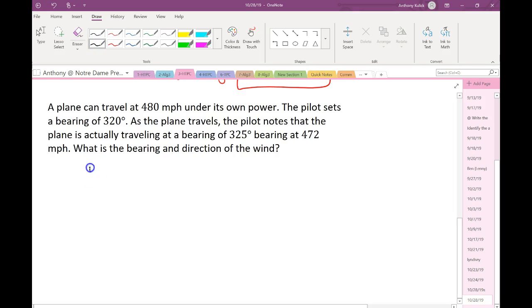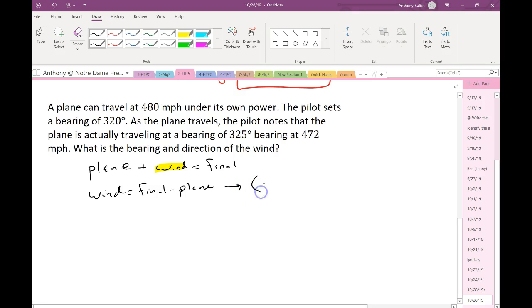So what we know is that the plane plus wind is going to give us the final. Everybody's okay with that idea? That's basically what we did in the previous problem, right? In this problem, though, we're looking for the wind. So what can we say that the wind is going to equal? The final minus the plane.